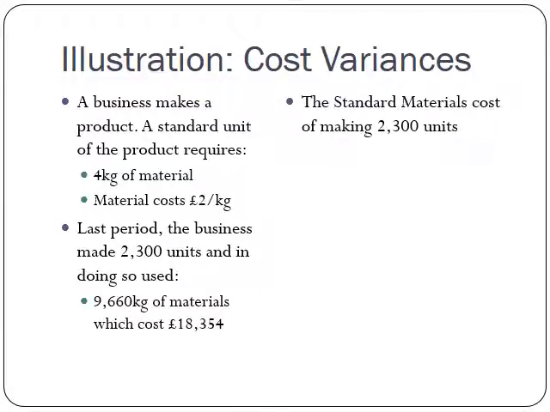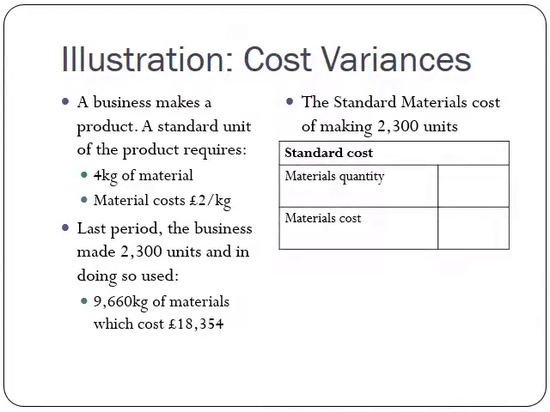So the first thing that we need to do is calculate the standard materials cost of making those 2,300 units. Well, we'll first work out the standard materials quantity. Each unit should have used 4 kilograms of material, so 2,300 units should have used 9,200 kilograms.